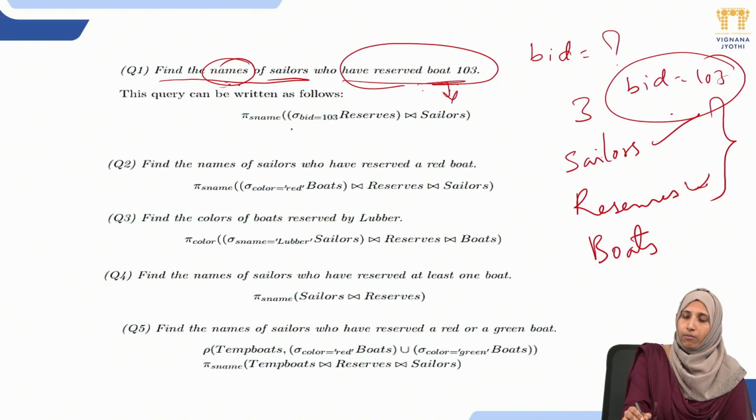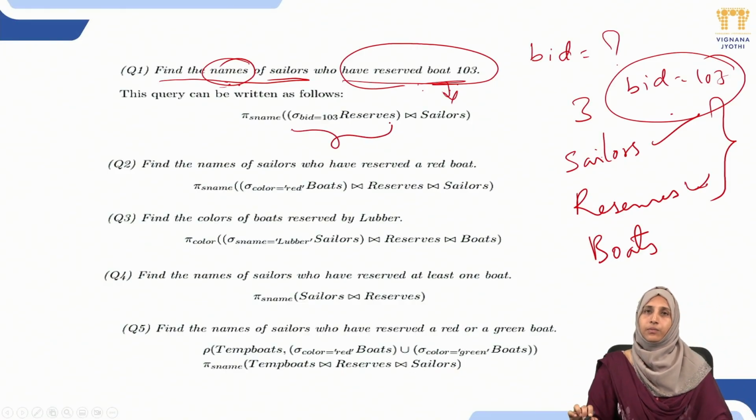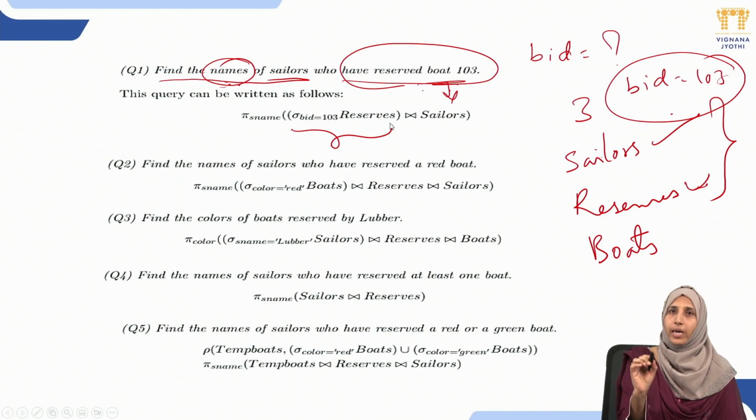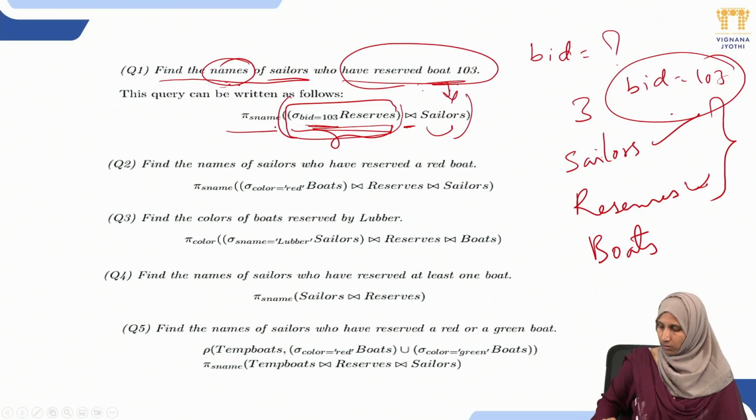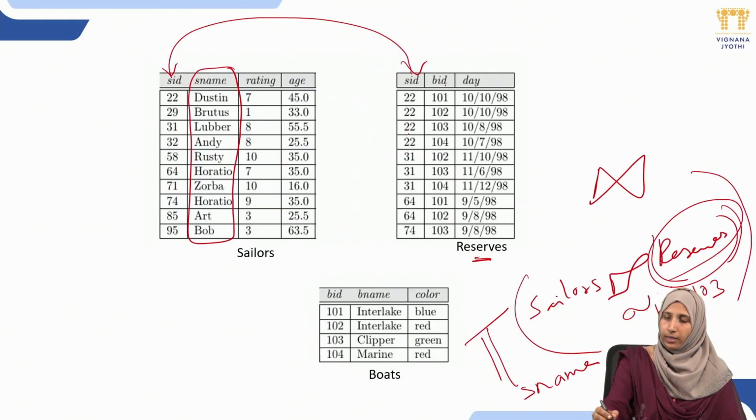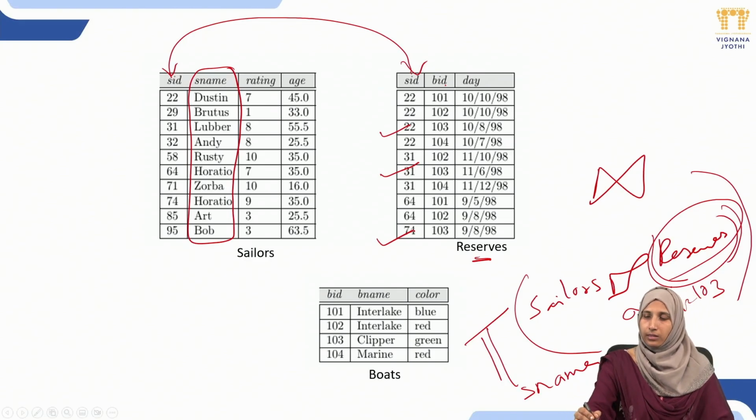First, they selected rows from the reserves table wherever BID equal to 103. Then upon that intermediate table they applied the join operation with the sailors table. From there finally they project. So we'll see BID equal to 103 in three rows.